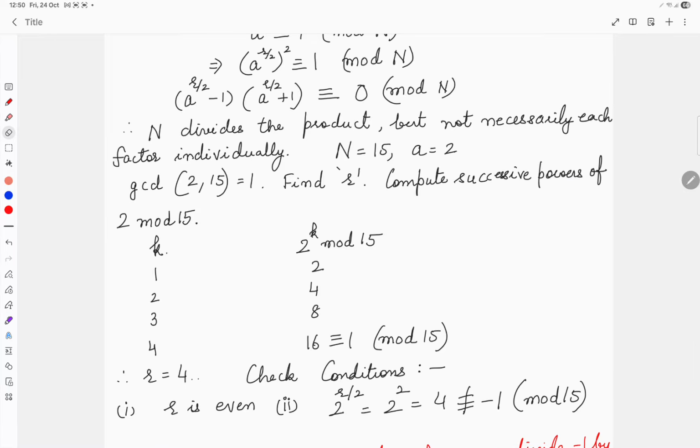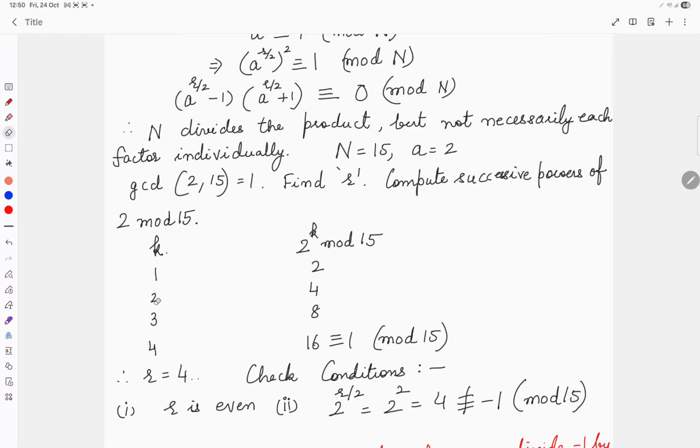So capital N is 15, A is 2, GCD comes out to be 1, so we will have to find out R. To find out R, we will compute successive powers of 2 mod 15. So for k equal to 1, the answer comes out to be 2, because 2 is the remainder.